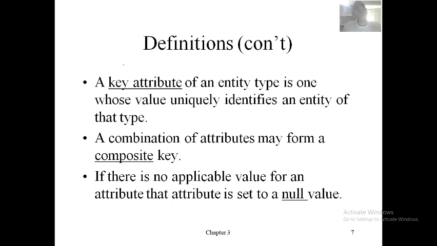If you need two attributes to form a primary key, such keys are called composite keys. And some values are not applicable for a particular database. Such a value is called a null value.